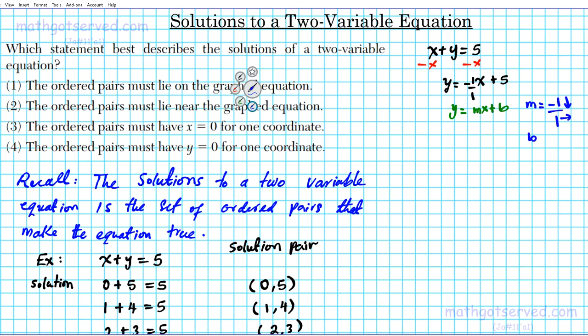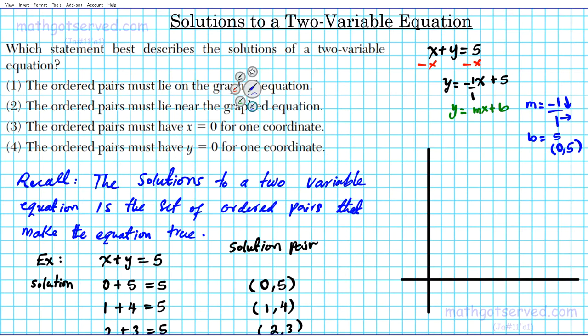The y-intercept b, which is 5, which means we're going to begin on the point (0, 5), the y-intercept. So let's graph the two-variable equation, and then we're going to compare it to the ordered solution pairs that we came up with. There goes my axis right there.